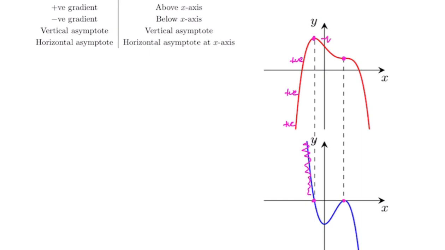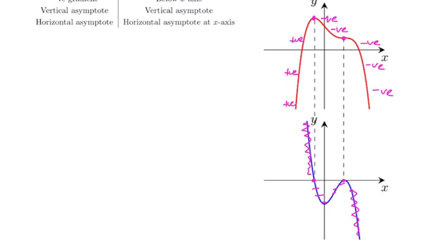Negative gradient, negative, and again this bit is under, and then more negative, more negative, more negative, and it's still underneath. It's sometimes useful to draw gradient graphs one underneath the other if you can.